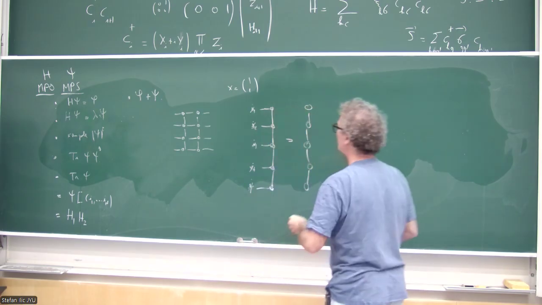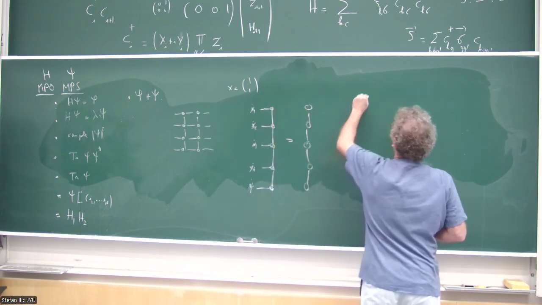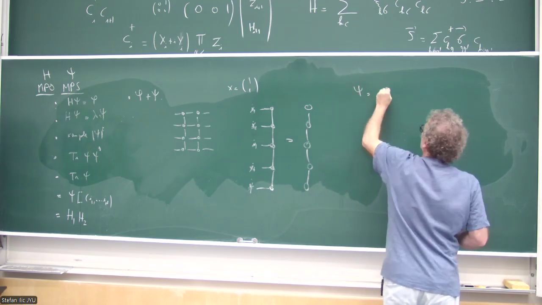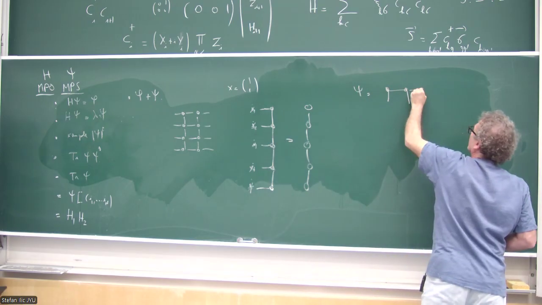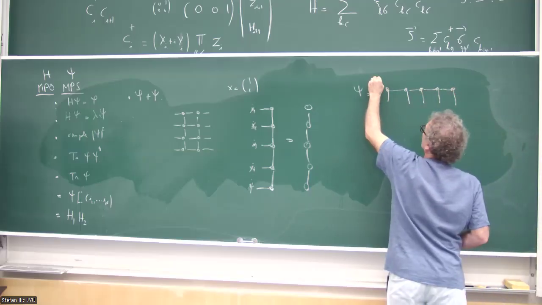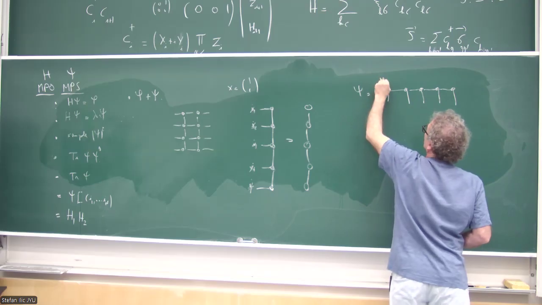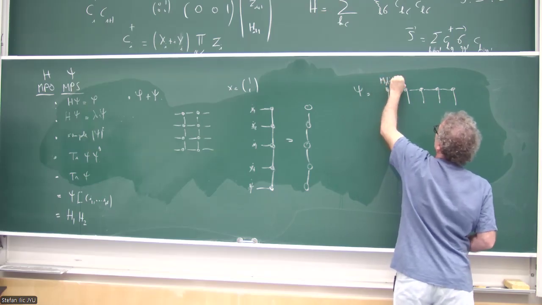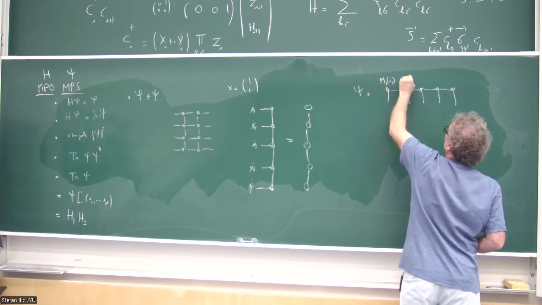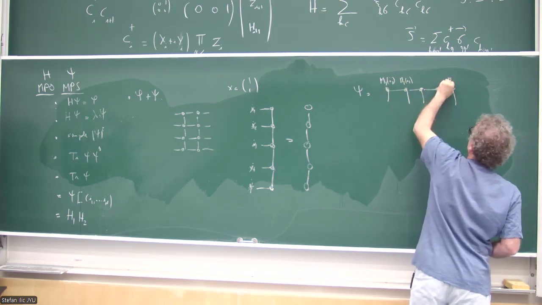So adding is simple again. Let's say I have psi like this, M1 of I1, M2 of I2, and so on, Mn of In.